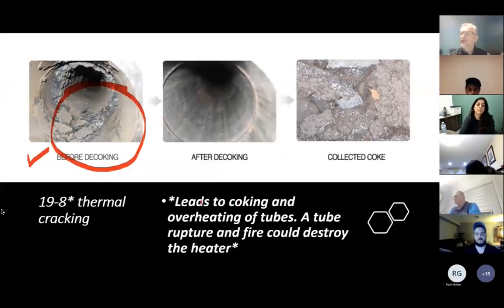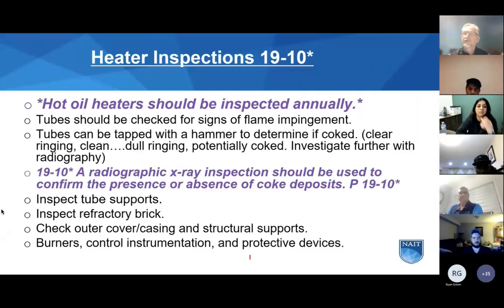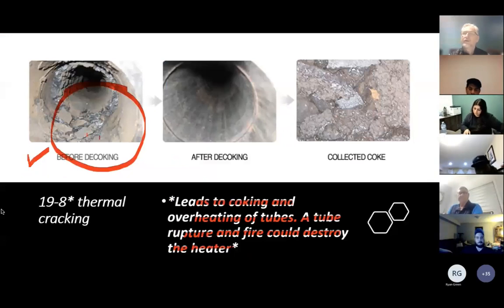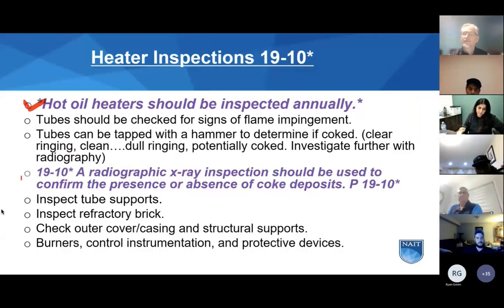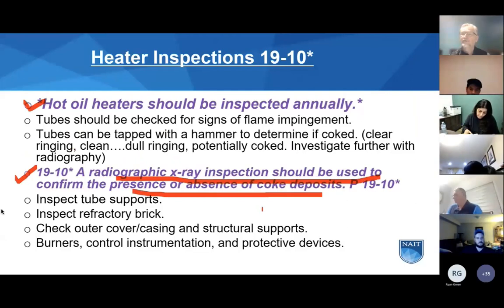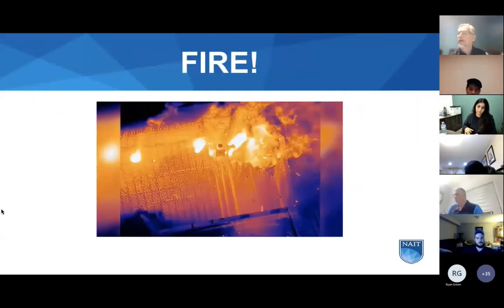Okay, so this leads to coking and overheating of the tubes. A tube rupture and fire could literally destroy this kind of equipment. So it's important to inspect them annually. One of the things that's done to check for this is to X-ray the tubes, radiographic inspection, used to confirm the presence of coke deposits. Because we don't want to burn it down.